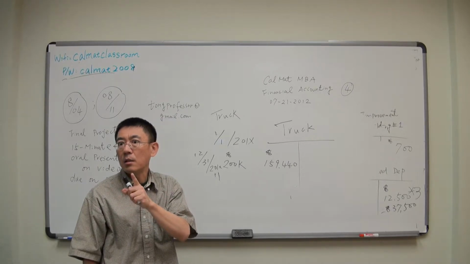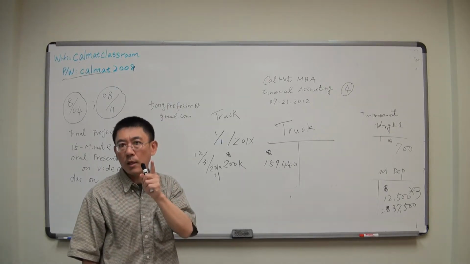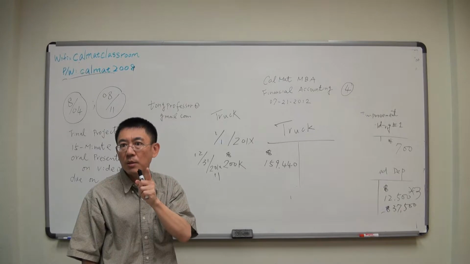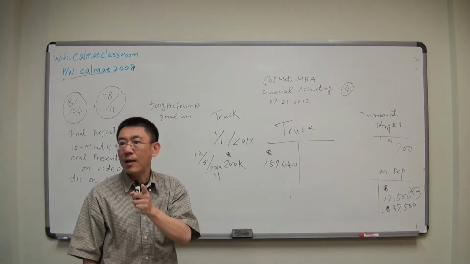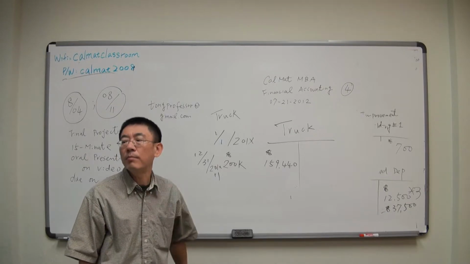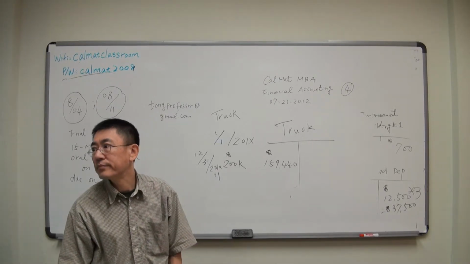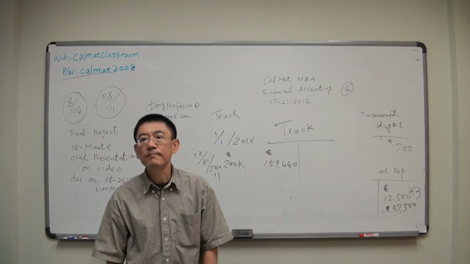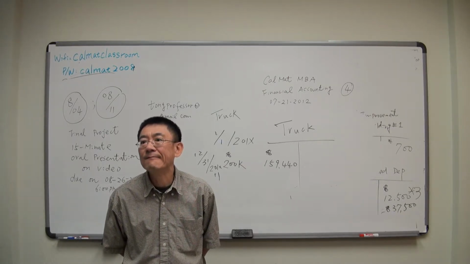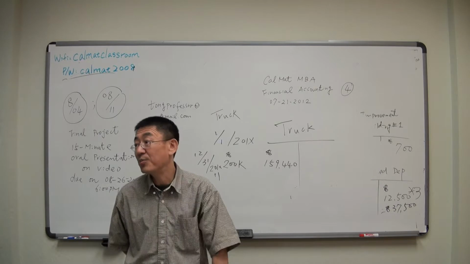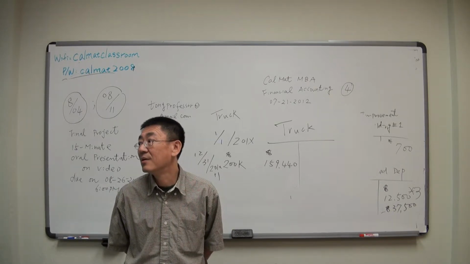All right? So we all agree, okay? We will follow our GAAP. So by the end of the first year, we need to calculate the interest, but by how much? This is the number on the book. 200K by 12%.